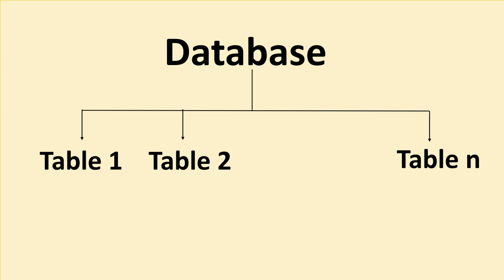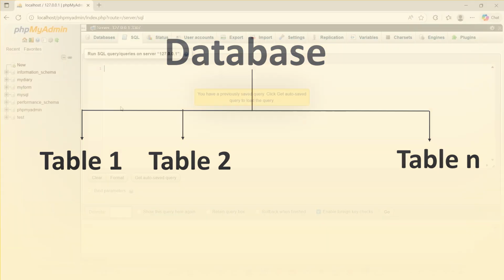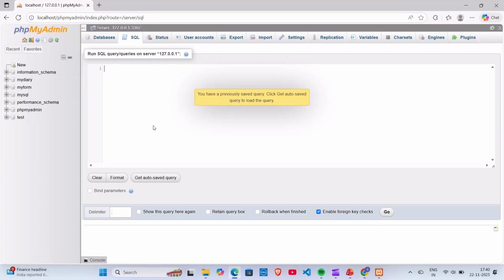To start, first we will create a database inside which we will create different tables based on requirement. A database can store any number of tables required. First, let's write the query for creating a database.